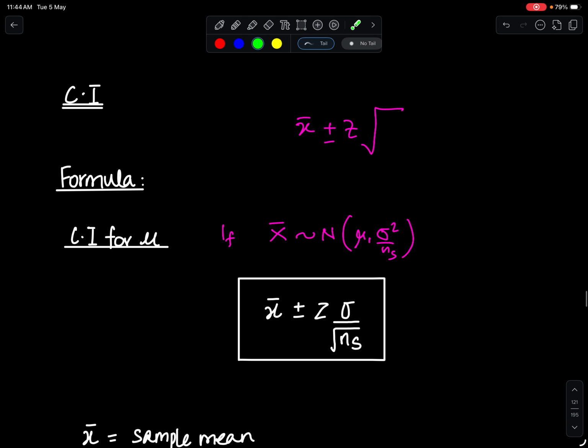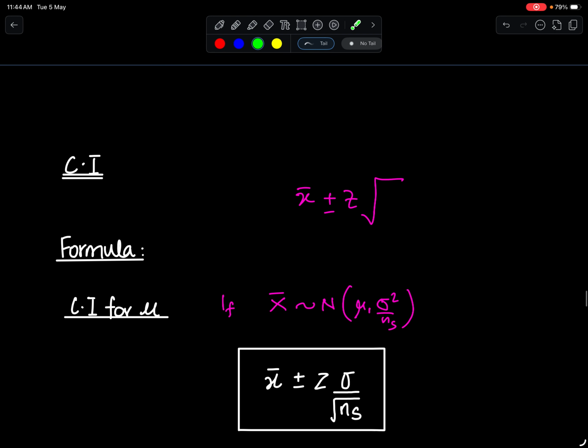This is the formula of confidence interval for mu: x bar plus or minus z times the standard deviation. If we have a normal distribution of sample mean, then just write its standard deviation here.